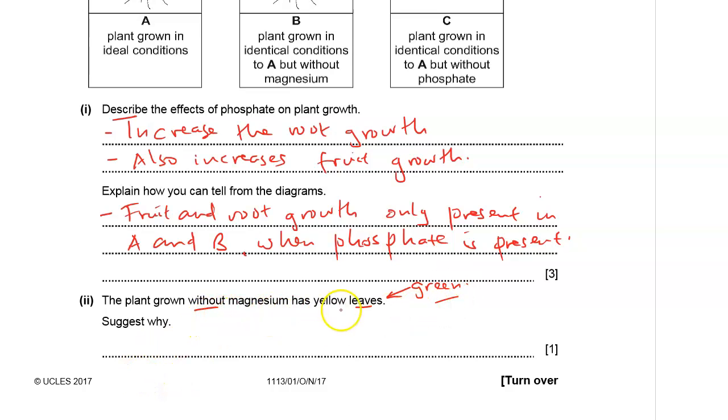So without magnesium, we are told the leaves are yellow, and basically this means that magnesium is needed to make chlorophyll. Chlorophyll is what is responsible for the green matter of leaves.